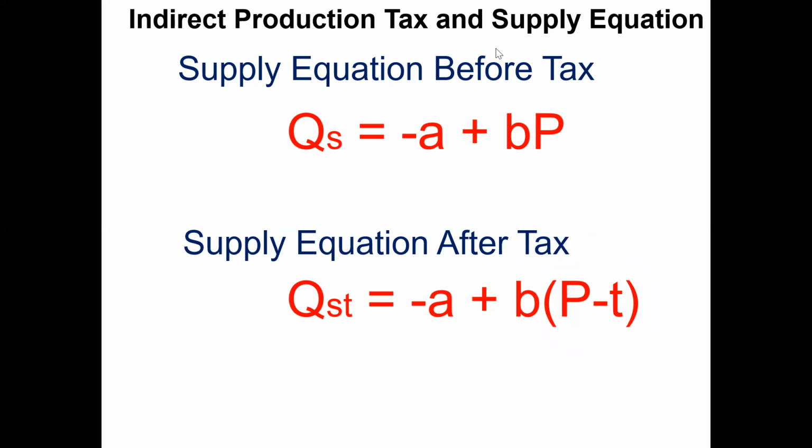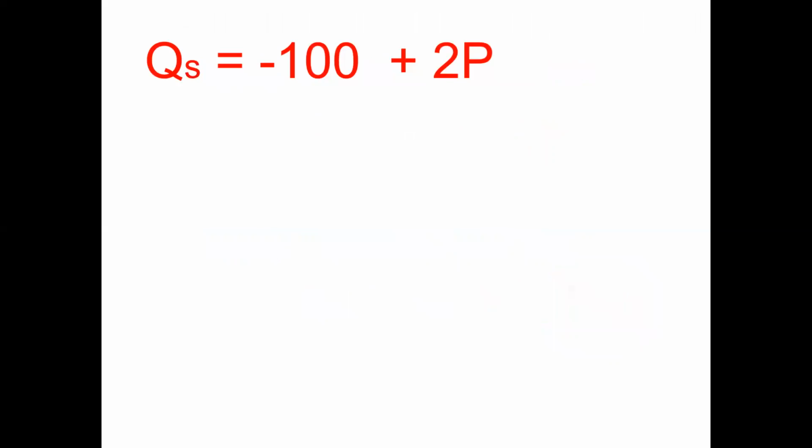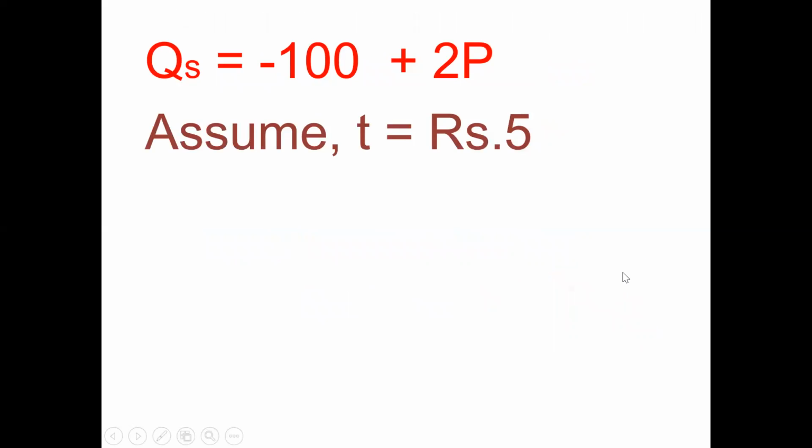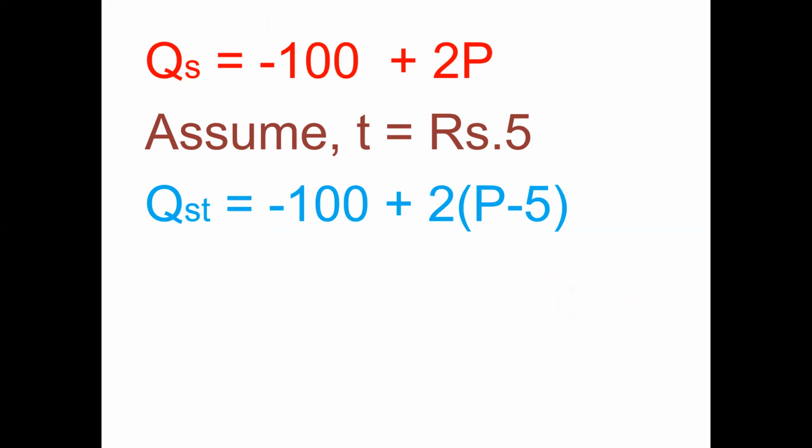Let's look at an example. QS equals minus 100 plus 2P. Right? Assume the tax is 5 rupee. And the adjustment is QS equals minus 100 plus 2 within bracket P minus 5.